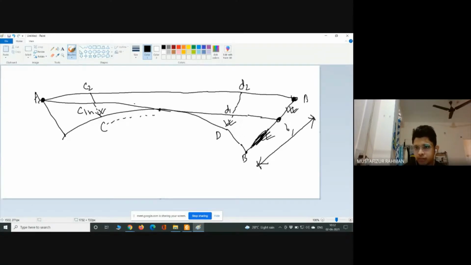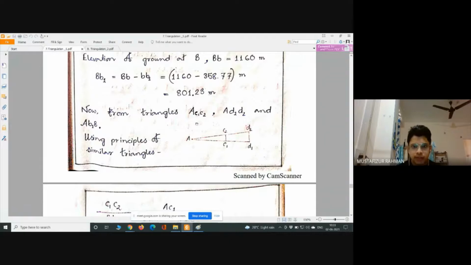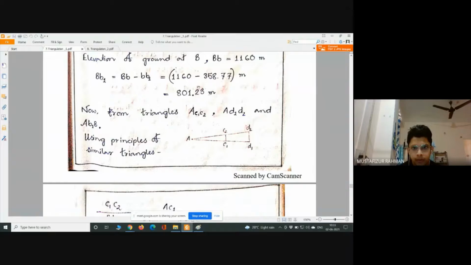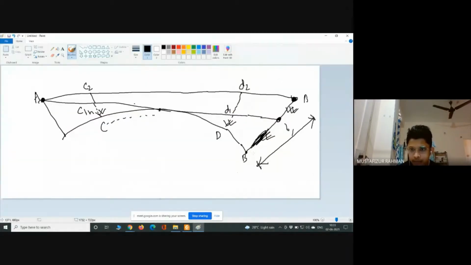Now we are using this B1, capital B. What is that? This value. This is the elevation here, B1, from B to B1. This is h, the small h here.